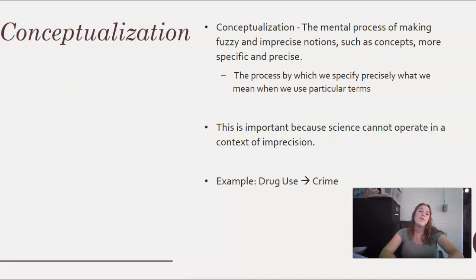So then we have to come up with conceptualization. And this is the mental process of making these fuzzy and imprecise, these abstract notions more specific and more precise. So, when we talk with our friends, with our family, even if you're listening to the news or something, we are using just everyday communication.